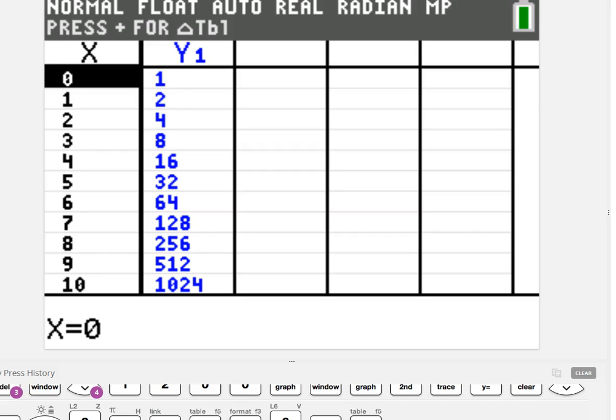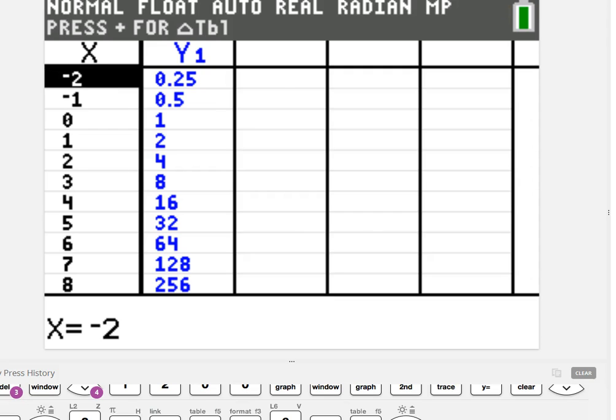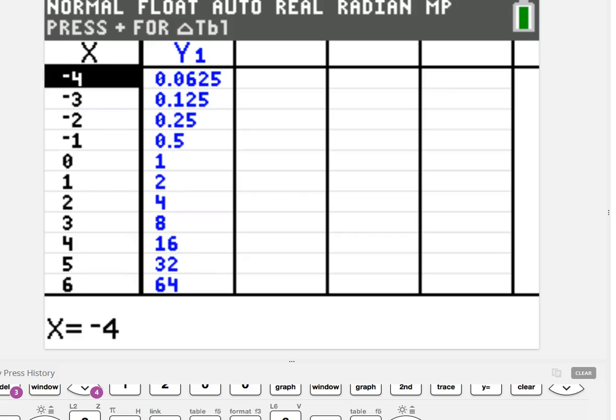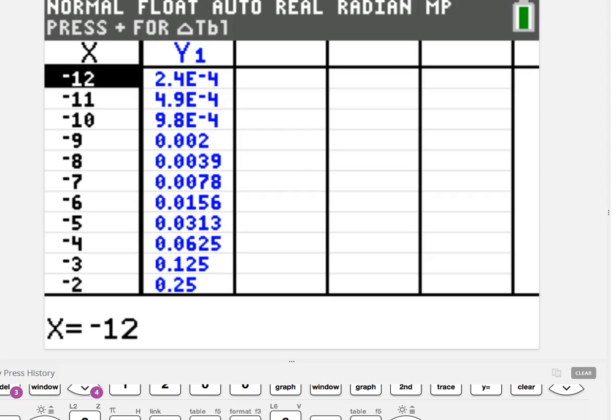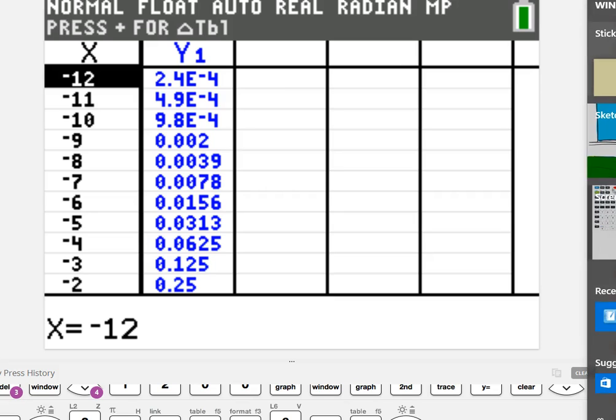Now if I go up, I see what happens when my exponent is negative. What's happening? And what does this mean? It's too big and too small. Okay, this is important. Write this down in your notebook. When your calculator says E negative 4, it's like scientific notation.